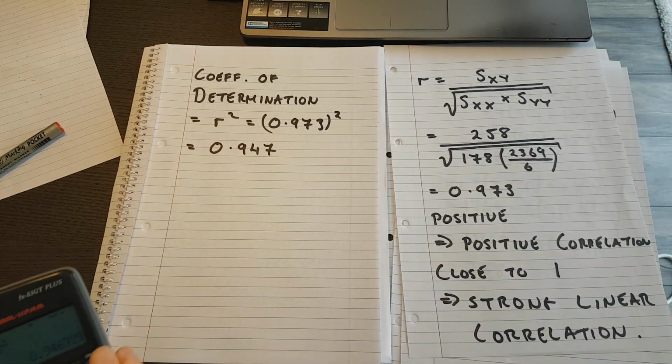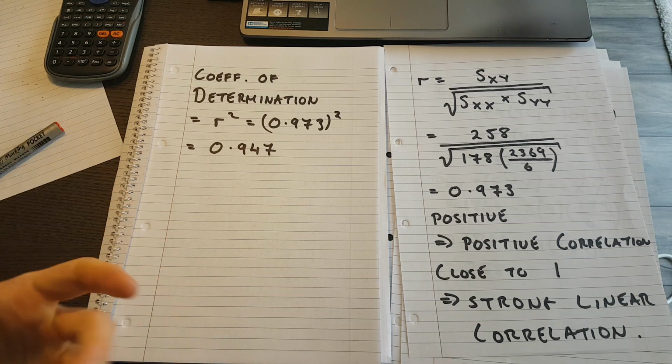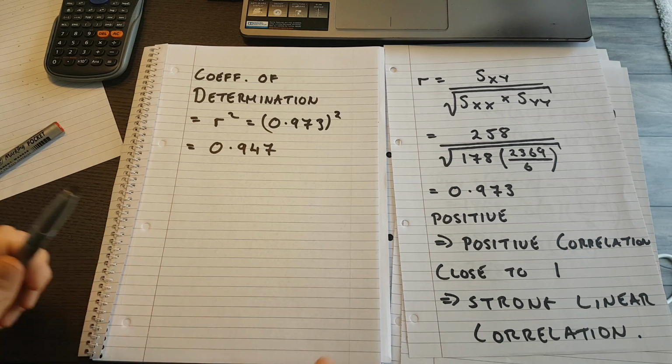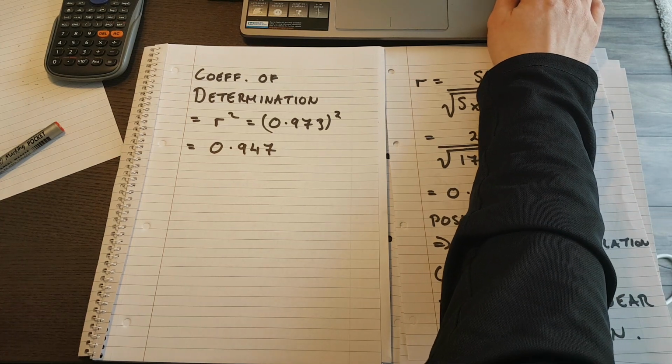Okay, 0.947. Or you might hear that about 94.7% of the behavior in Y is described by the behavior in X, but that's not a fully correct statement. It's kind of misleading.